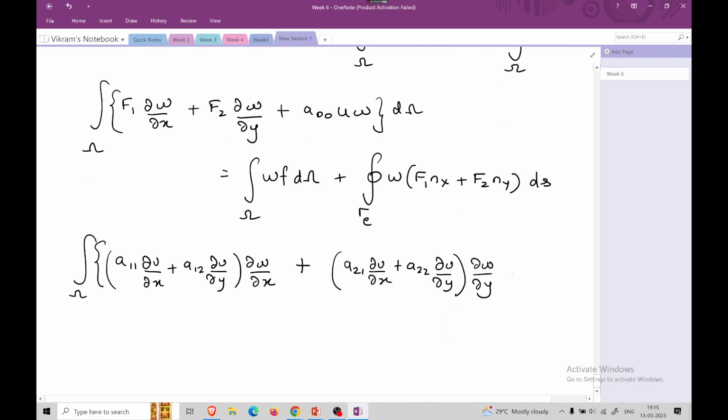Then you have plus a00 into uw, the whole thing multiplied by d omega. So this is one term. The second term is w times f d omega plus this boundary term, which I can expand now.